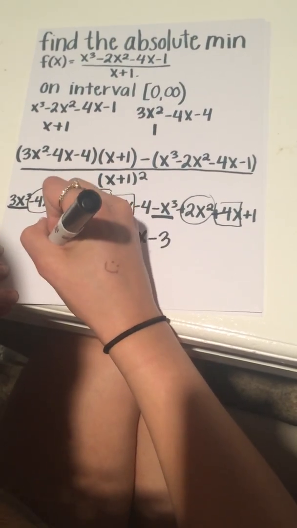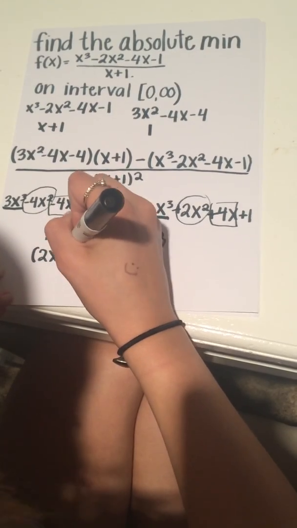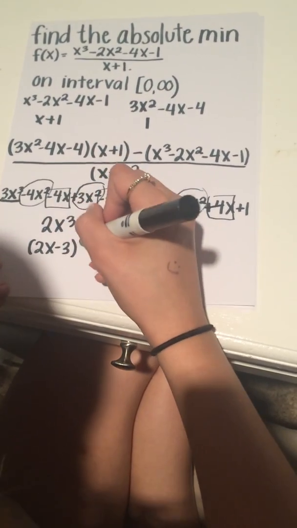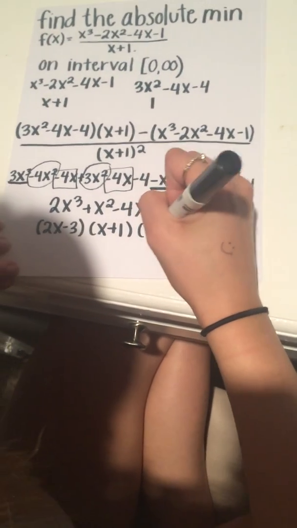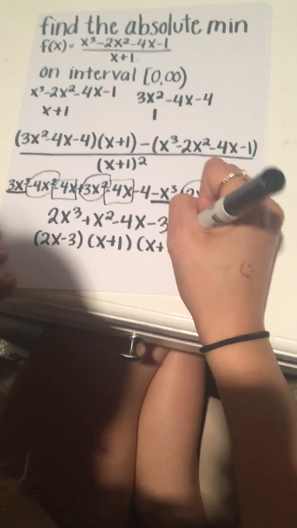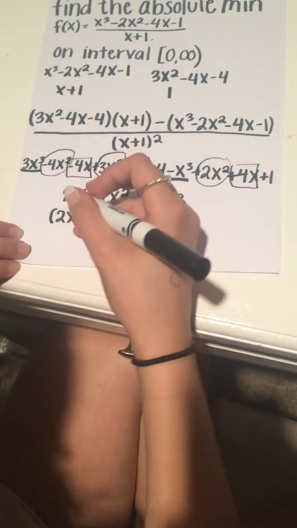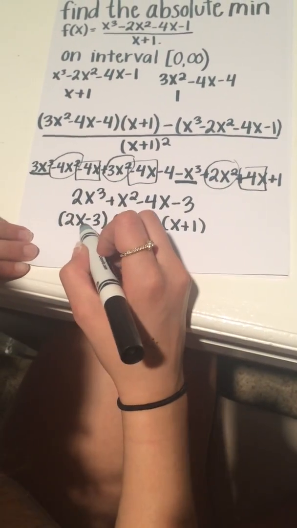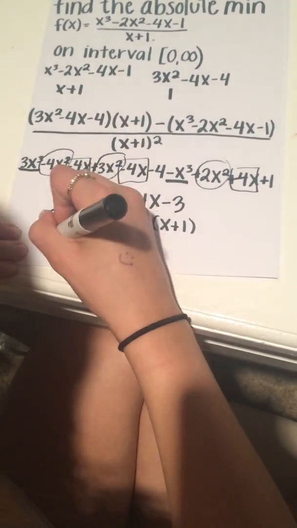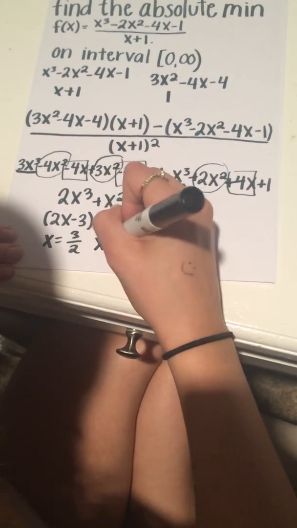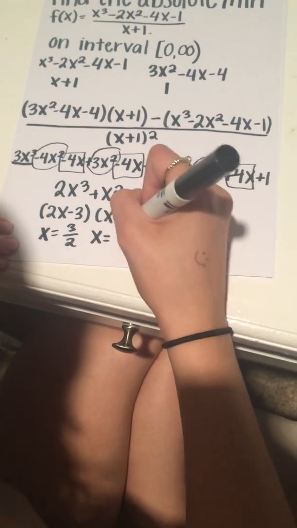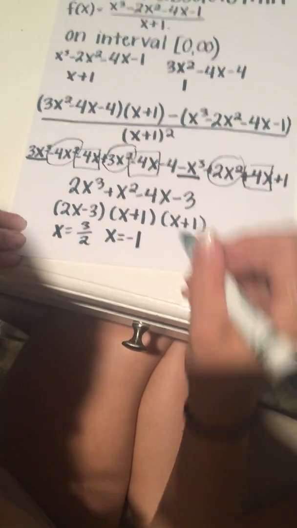So then we're going to have 2x minus 3 and an x plus 1 and an x plus 1 again. So here, when we set it equal to 0, we're going to get x equals 3 over 2, and this is going to be x equals a negative 1.